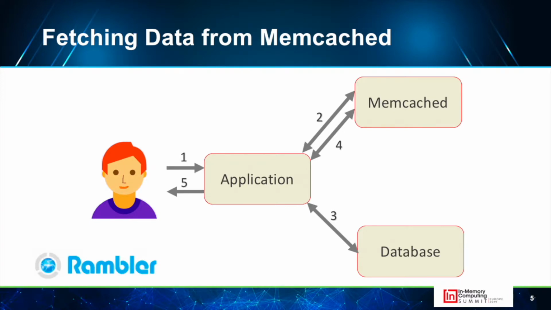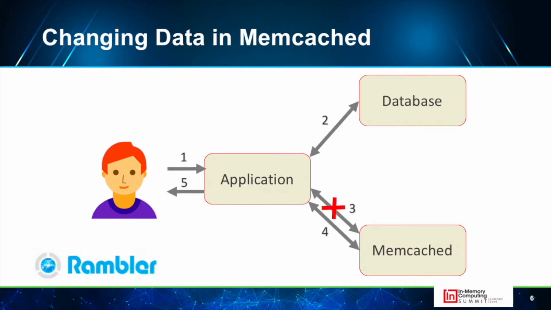But it was too early to celebrate, because along with the increase in performance, we got new problems. Let's talk about this. When you need to change data, say user profile, the application first goes to the database, and makes some changes there, creates a new object. And this new object should replace the old object which was in the Memcached.